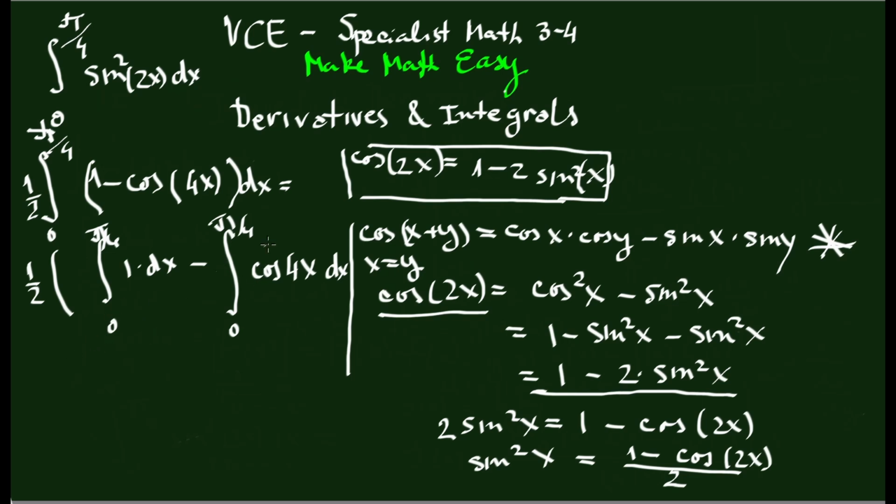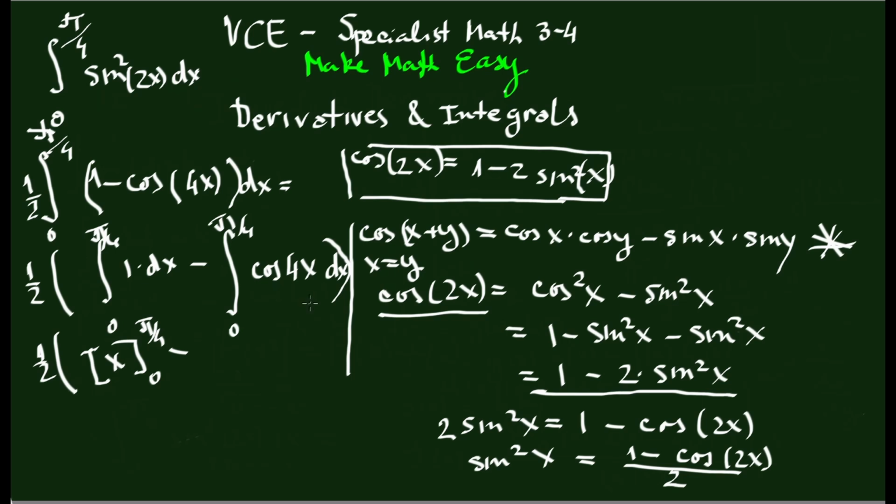The bracket is there. The first integral was x, so it becomes 1/2 times x from 0 to pi quarter, minus. For the other one, what's the integral of cosine? The integral of cosine is sine.